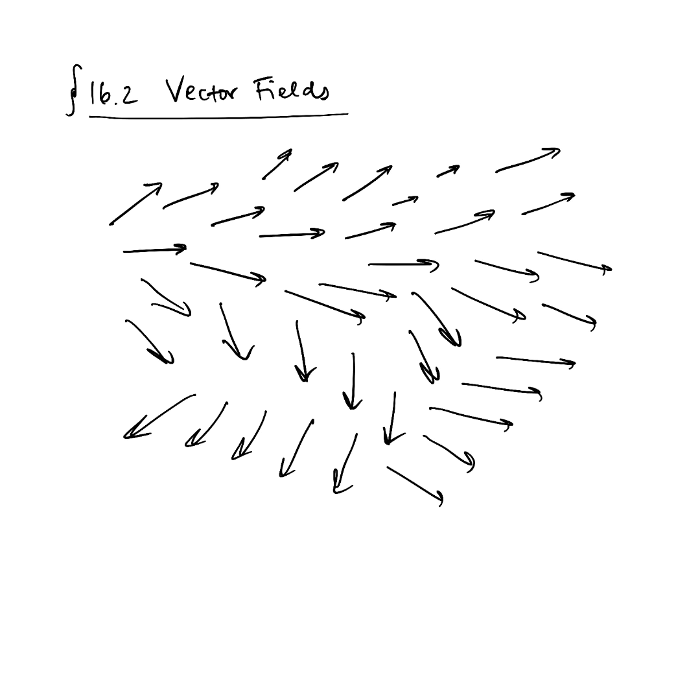So I've put an array of black arrows on our iPad screen, and depending on where you are, the arrow points in a certain direction and has a certain length. This one here, emanating from that dot, points pretty much straight to the right and is of medium length.